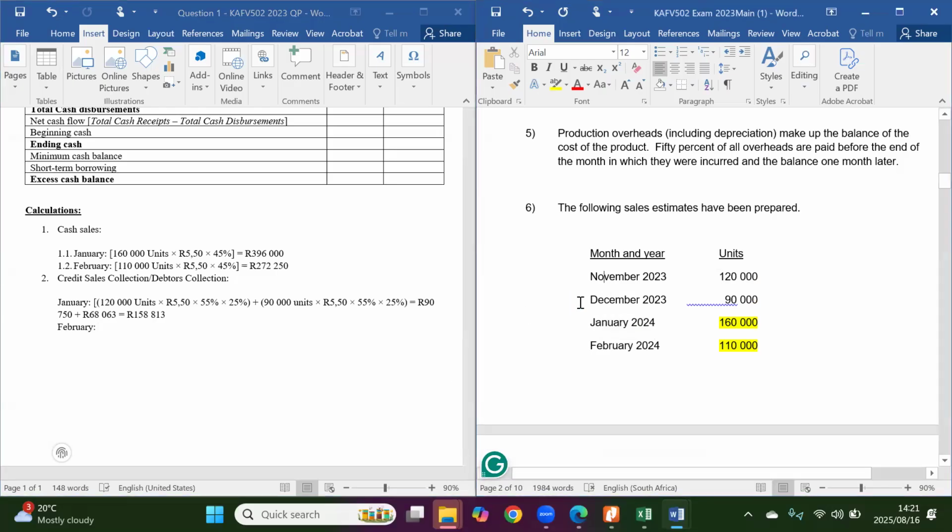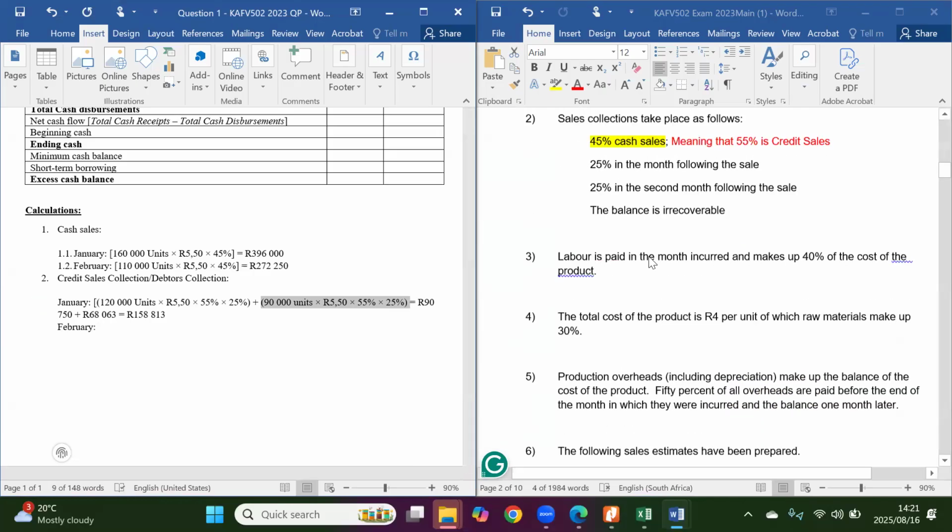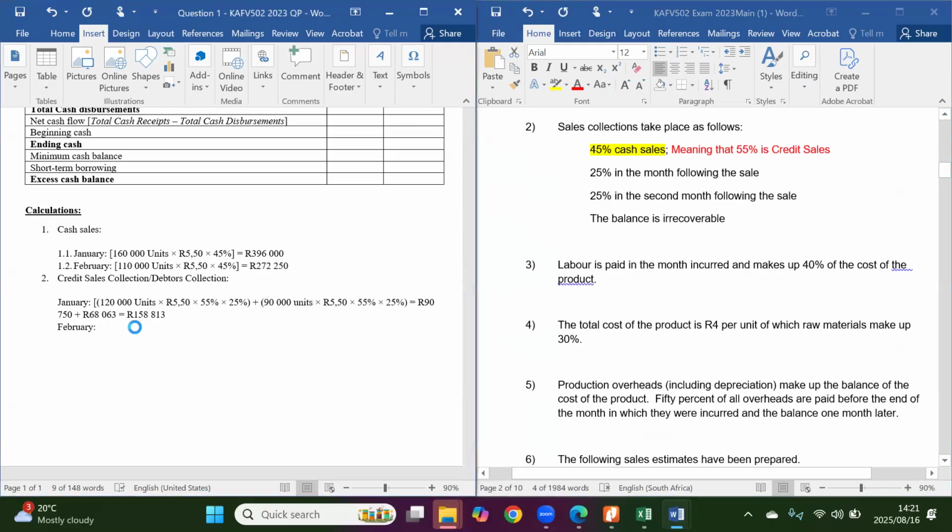Then we go to December. For December, the first collection of credit sales is done in January, and the second one will be done in February. To make life easy, the percentages are the same, it's 25%, so we just copy this and paste it over here.